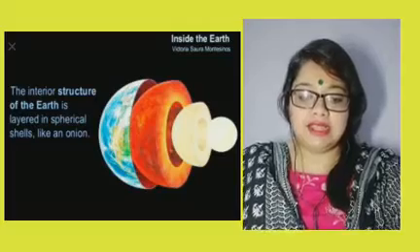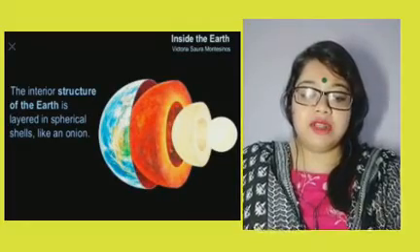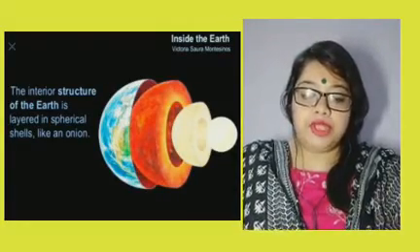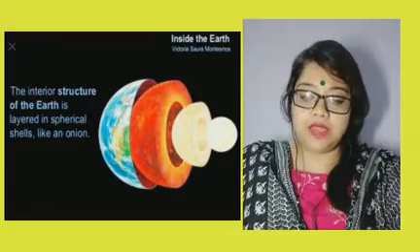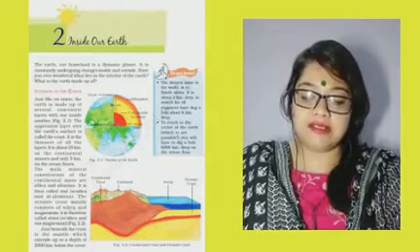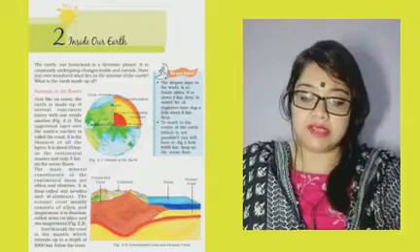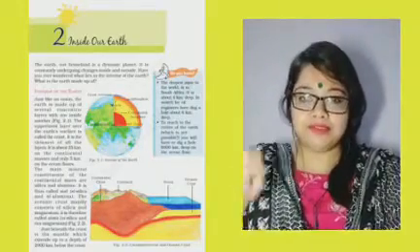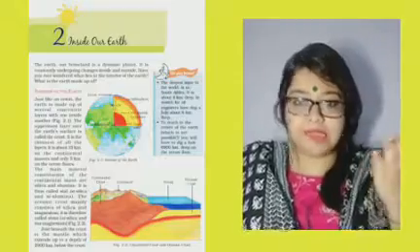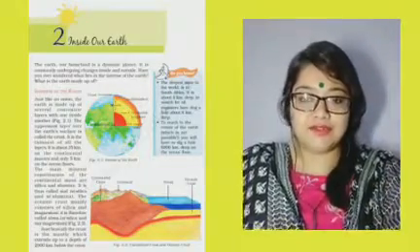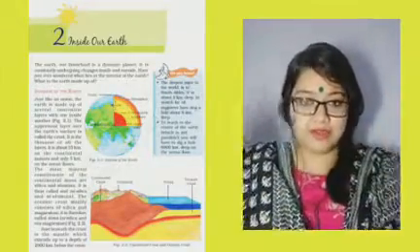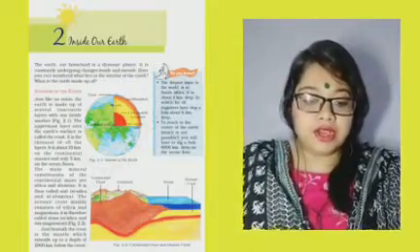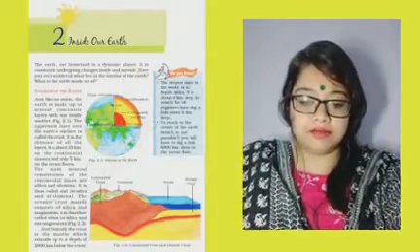Just like an onion, the earth is made up of several concentric layers with one inside the other. The uppermost layer covers the earth's surface and is called the crust. You have heard it previously, a pizza has a crust, isn't it? So the crust is the uppermost layer.